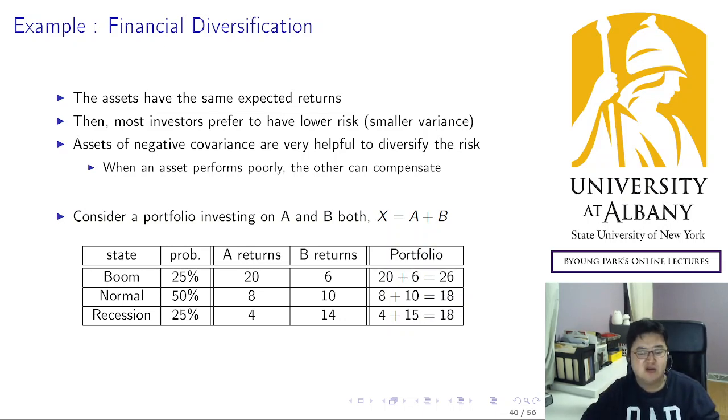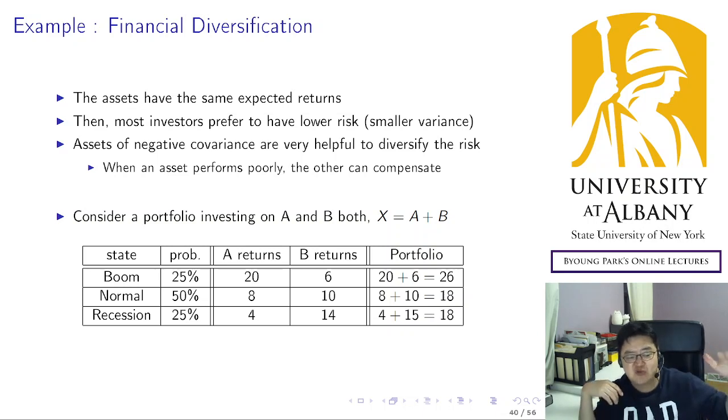Suppose that company A and company B are two stocks, and you invest 50% of your assets in one and the other 50% in the other company. That is also possible. And you can expect that the negative covariance will help to diversify the risk, because the returns have a negative relationship, shown by the negative covariance.